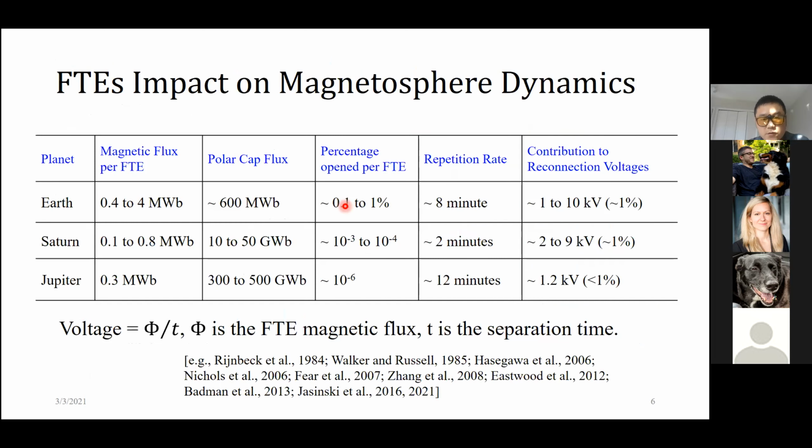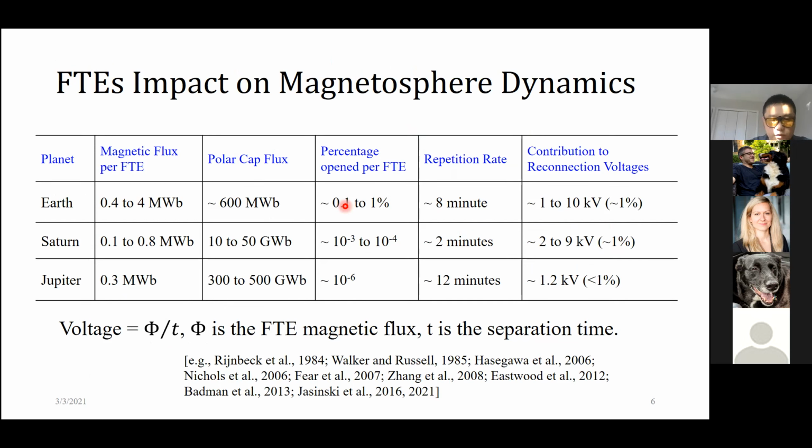Okay, so this table summarizes the flux transfer event impact on the magnetospheric dynamics. The first column shows the planet, as we have now introduced Earth, Saturn, and Jupiter. The second is the magnetic flux carried by each FTE.